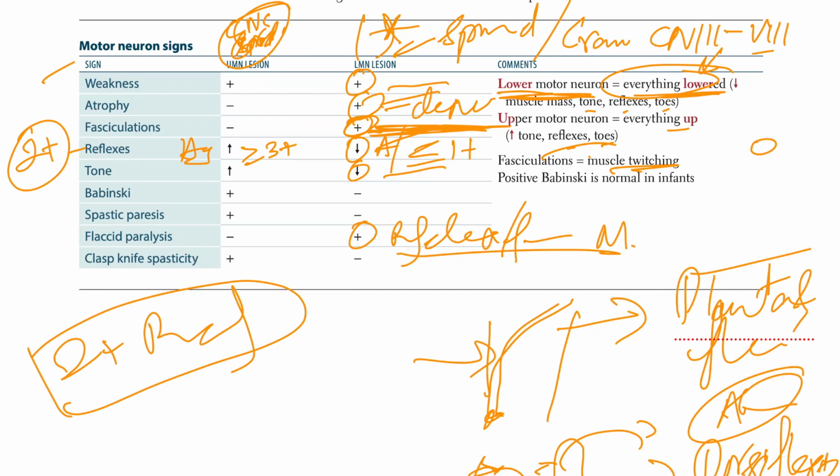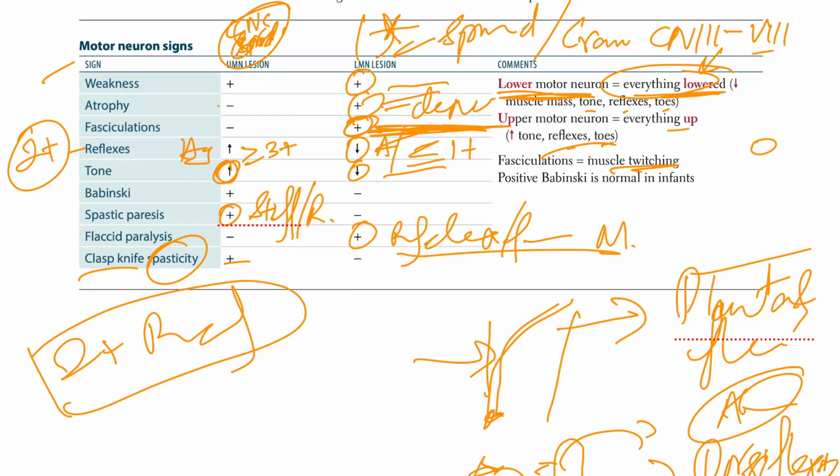With the upper motor neuron lesion, there is no atrophy. What you are going to have is an increase in tone, increase in spasticity. What is spasticity? Again, stiff or rigid muscles, spastic paralysis, and clasp-knife spasticity, which means first you have resistance and then you let it go and have a sudden release.